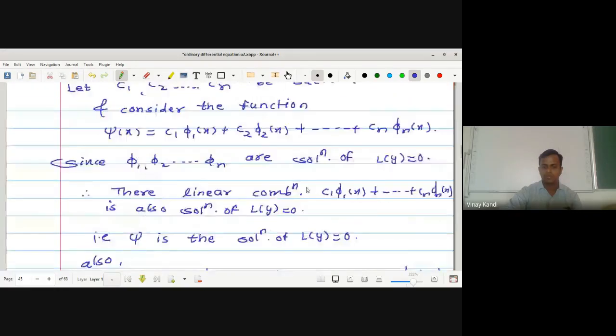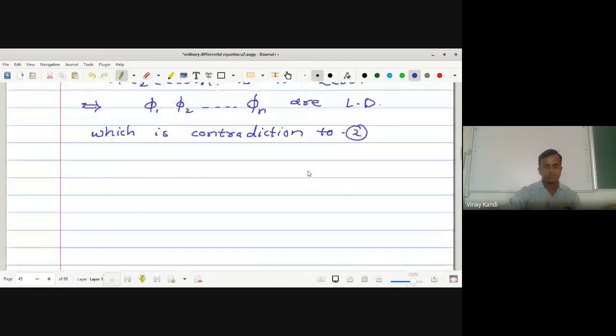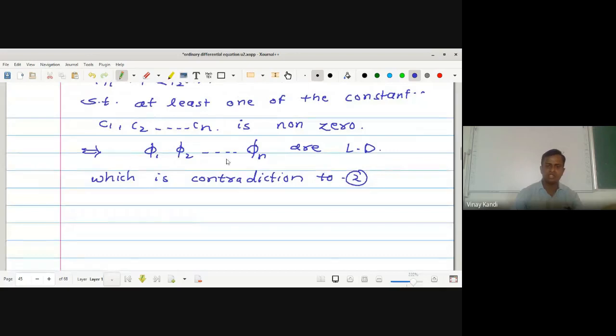Okay. So here we get a contradiction, linearly dependent.